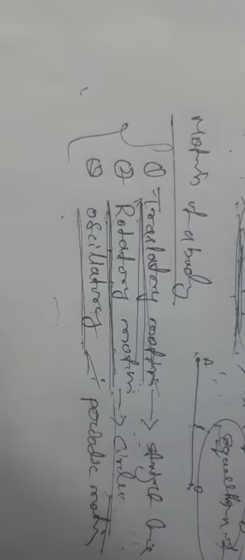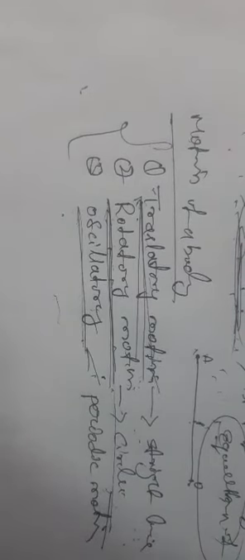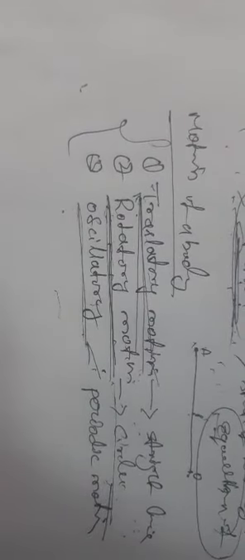The motion of any particle depends on many physical quantities. One is distance, displacement, velocity, acceleration, speed.